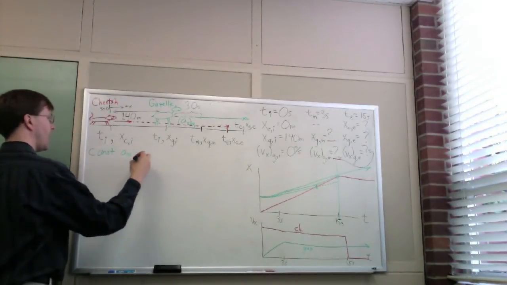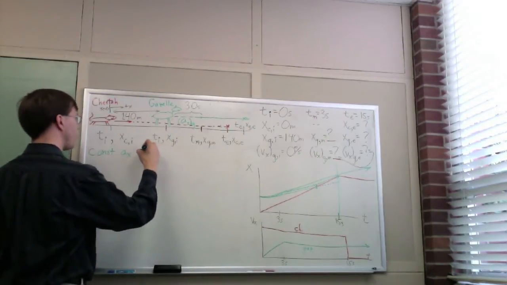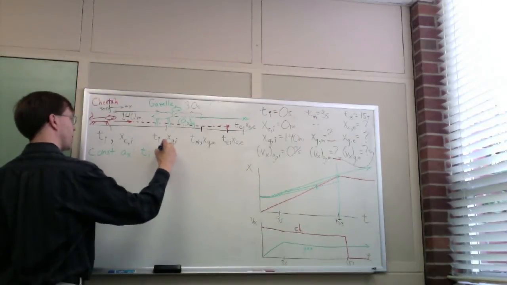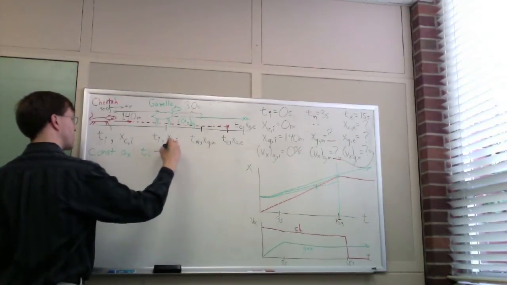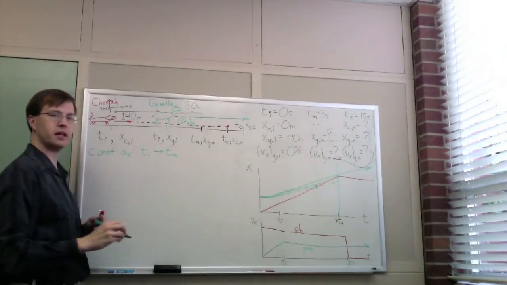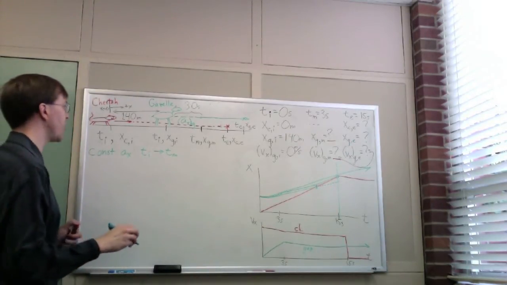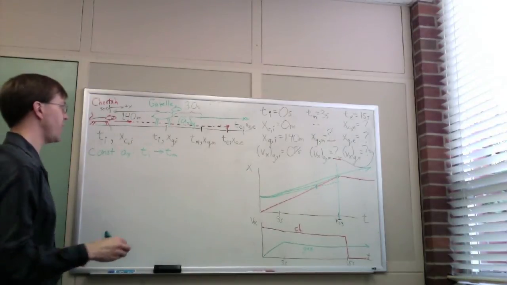My initial event is t initial, and my final event is t maximum speed. That's going to be my initial and final pair. So let's write down what those equations will look like for the gazelle between those two events.